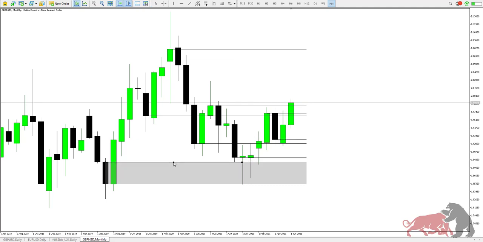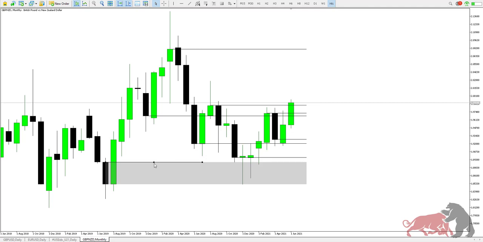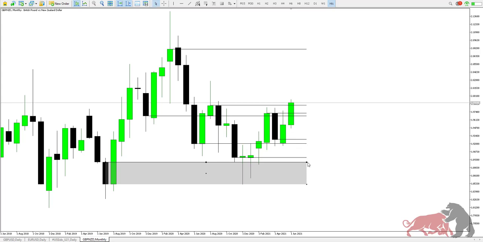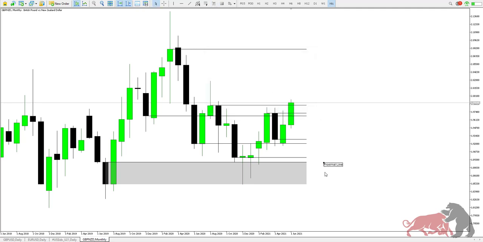Now that's the opening. Now I'm going to extend this to 30, 2021. Now this becomes your proximal line. You get my point? I hope you understand perfectly, Raul. This becomes your proximal line.